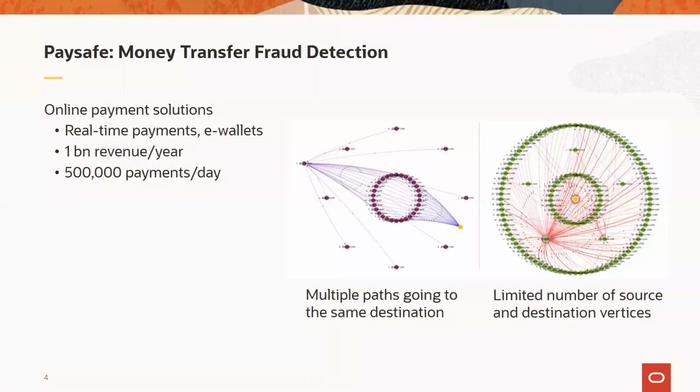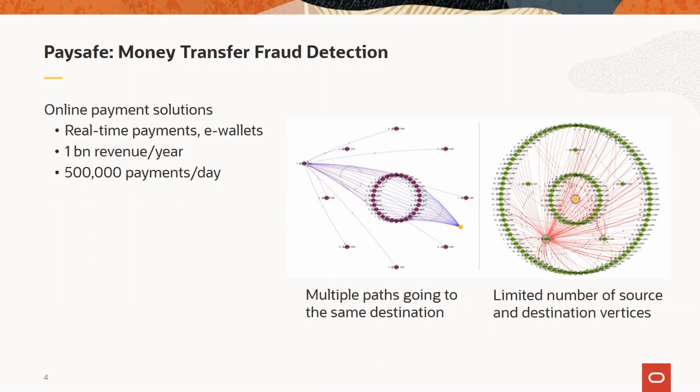They look at all the cash transfers, all the activity, as a graph, and identify where there are some unusual patterns. You can see here in the figure on the left, cash is being transferred from this account to this account, but goes through multiple intermediate accounts. So maybe there are transactions that are trying to be hidden, or maybe they're trying to cross maximum transferable limits.